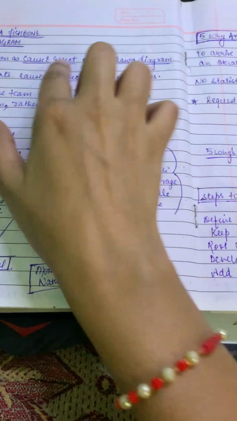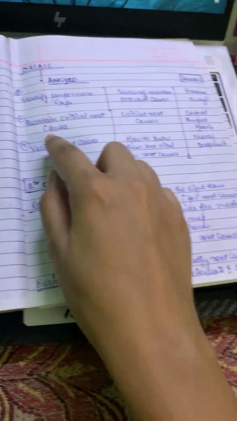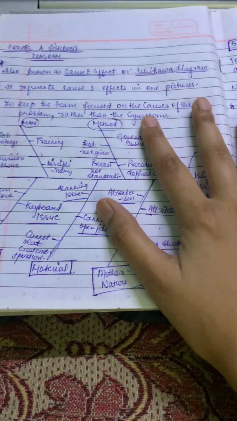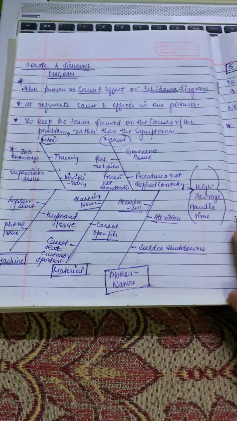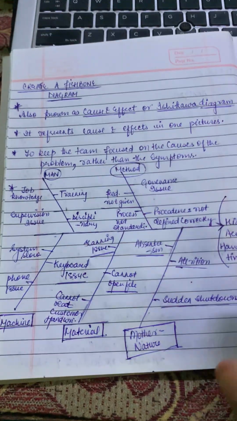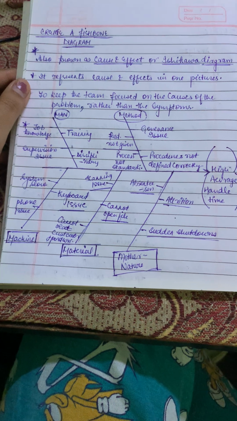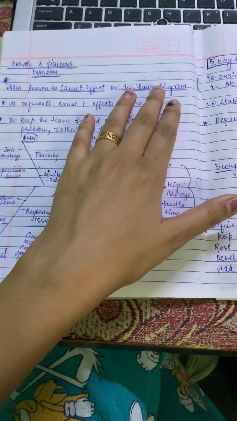Another point is creating a fishbone diagram. This comes under the first tool, that is, fishbone and 5 Whys. The fishbone diagram is a very common quality tool which can be used across a number of processes. It is also known as the cause and effect diagram or Ishikawa diagram.